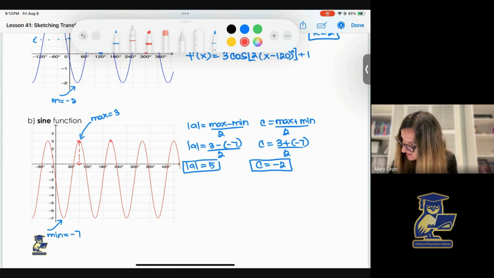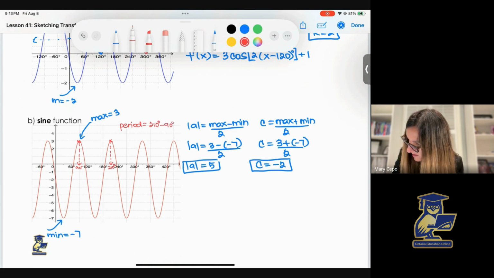This one is at 90, and here would be 210. So the period is going to equal 210 minus 90, which is 120. Okay, so again, that's how you find one full cycle. You're going to take max from max. That's the easiest way to decide. Take that, changing your x values. Okay, so the period is 120.